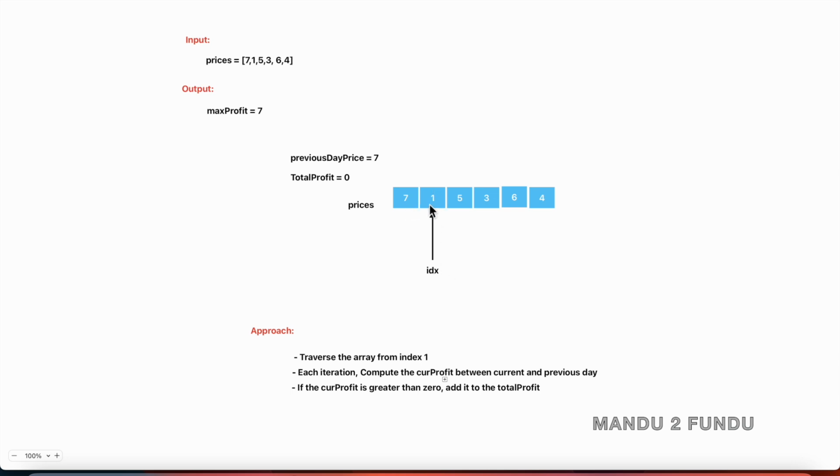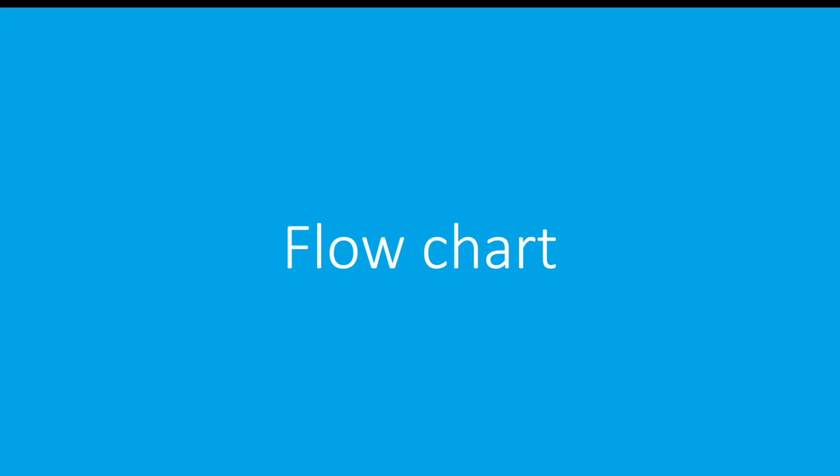So if we compare the difference by subtracting the previous day price from the current day price, it is going to be -6 here. Whenever we see a profit, we add that to the total profit. Otherwise we keep moving forward, as if the stock purchased on the previous day was sold on the same day. Let's look at the flow chart.